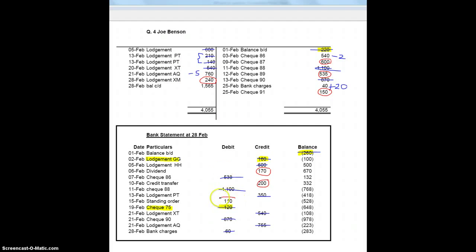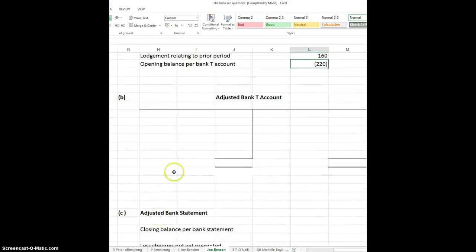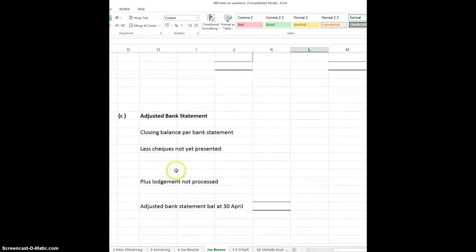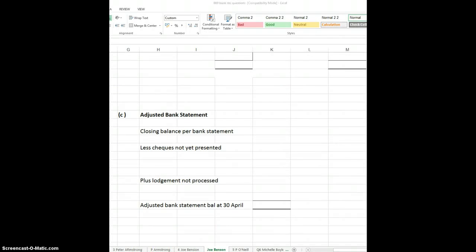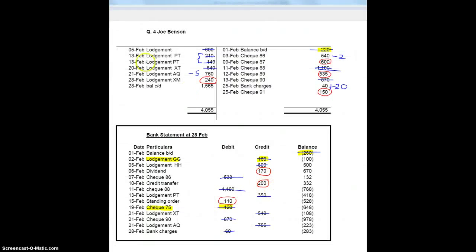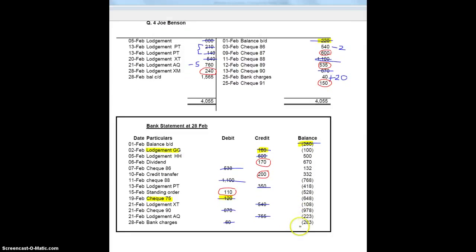And here we have a standing order, money out, of 110, and that should have been recorded on this side of the bank T account as money out, but it wasn't. So now we're in a position to do our adjusted bank statement and our adjusted T account. I'm going to do the bank statement first because it's easiest, and how to do that is it starts here.